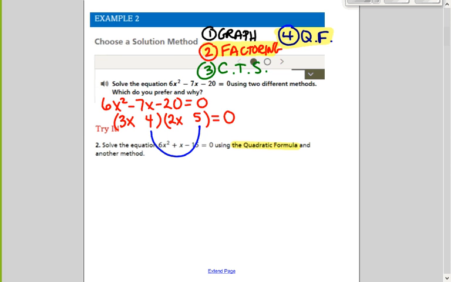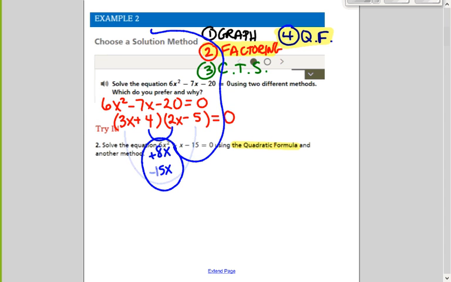And the negative is going to go with the 5, and the plus sign will go with the 4, because we have a minus 15x on the outside and a plus 8x on the inside, and they will combine to make that 7x negative in the center. So that is the factored form of that quadratic.